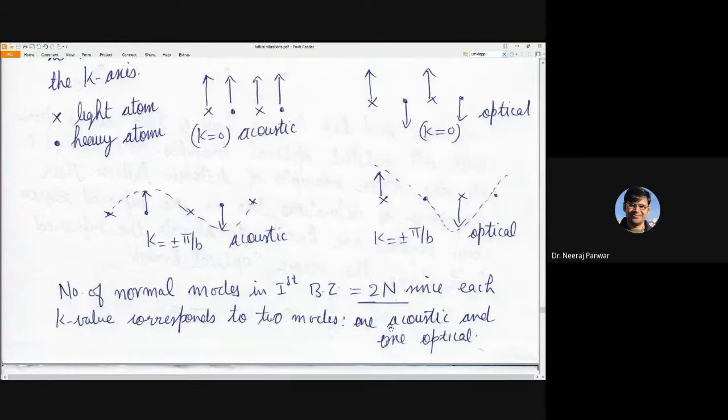In case of diatomic lattice vibrations, we will have 2n normal modes because each k value corresponds to two modes, one acoustic and one optical, and there are n values of k. Therefore, there will be 2n normal modes in the first Brillouin zone of this diatomic lattice vibration.